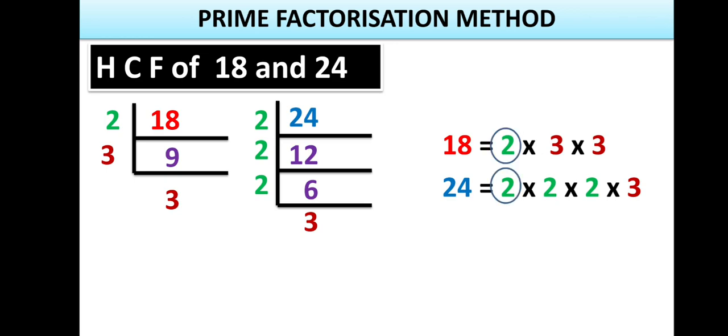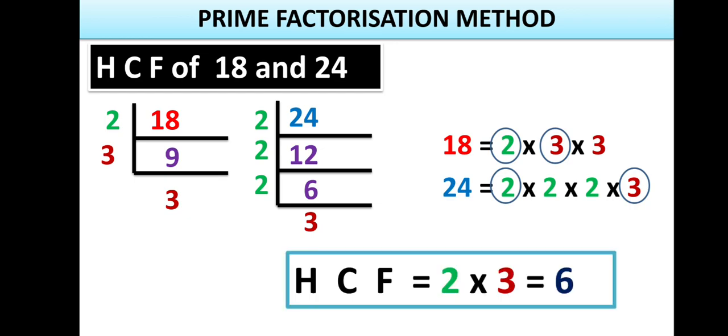Now the next thing is finding the common factors. 2 is common in both and 3 is also common in both. So we multiply the common factors to get the HCF. So the HCF is 2 into 3, that is 6. So the HCF of 18 and 24 is 6.